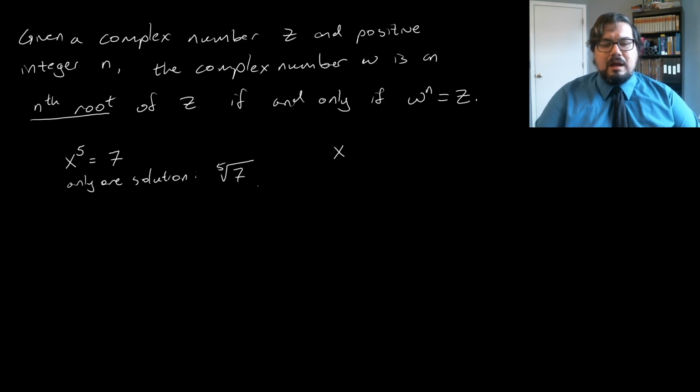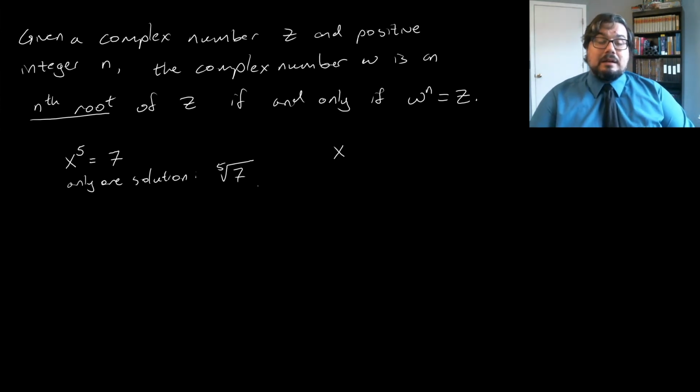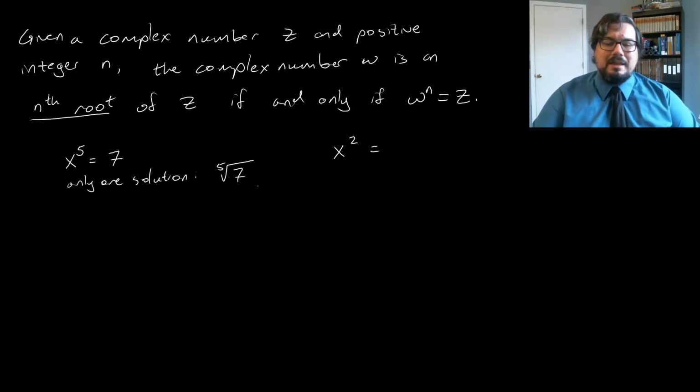But when we look at even roots, like square roots and fourth roots and so forth, then that's not the case. If I ask for the solutions to x squared equals 25, there are two solutions, 5 and negative 5.